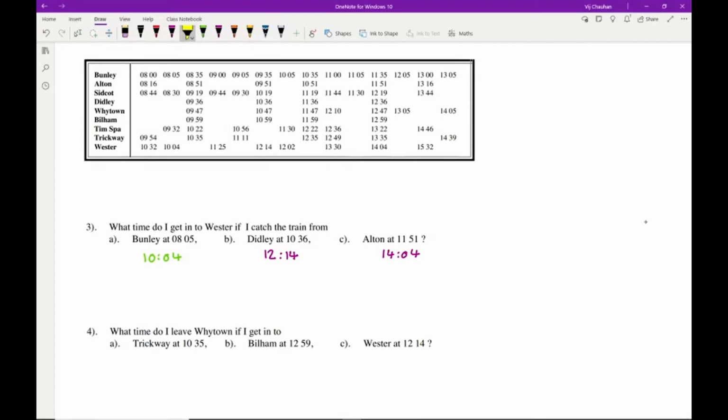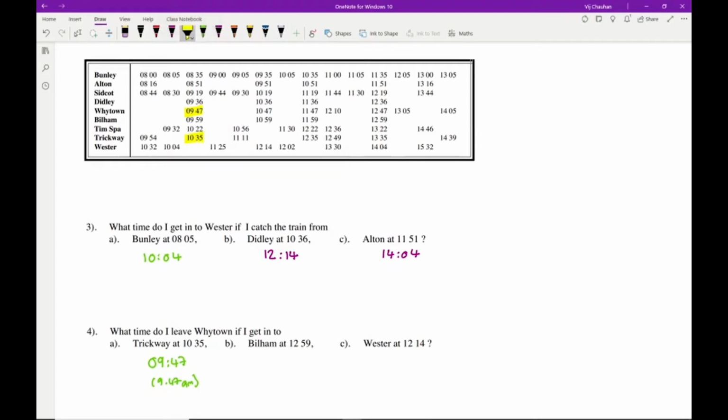Well, the 10:35 Trickway train is this one highlighted in yellow, and I want to find the Bytown time. So the Bytown time is 9:47. So I'm going to write 09:47. You could write the answer as 9:47 AM, but I would just simply copy whatever time layout is written in the question, in the timetable rather.